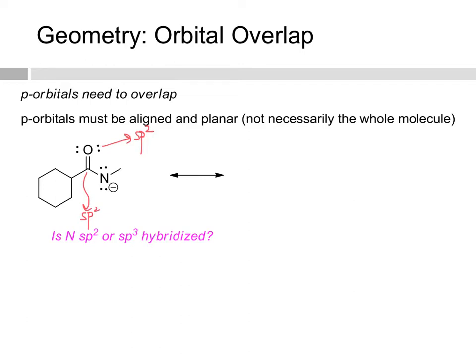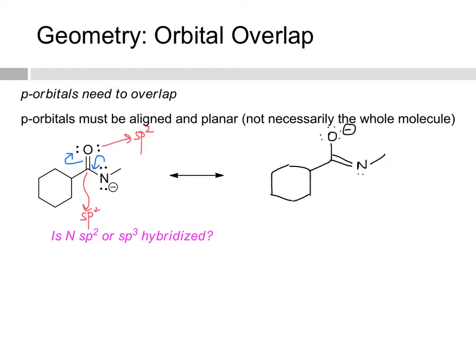So if I were to draw the arrows, I can show these electrons going down here and pushing these pi electrons up to the oxygen, which gives me no change in the cyclohexane, but now oxygen bears the negative charge, and there's a double bond to nitrogen.